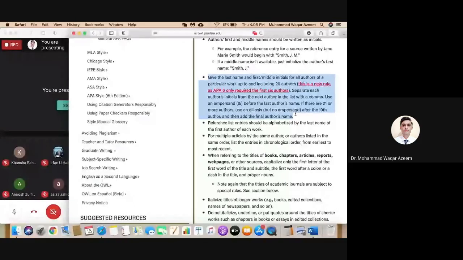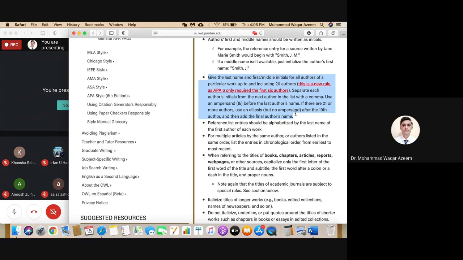Separate each author's initials from the next author in the list with a comma. Use an ampersand, which is the and sign, before the last author's name. If there are 21 or more authors, use an ellipsis. So that doesn't actually relate to you.